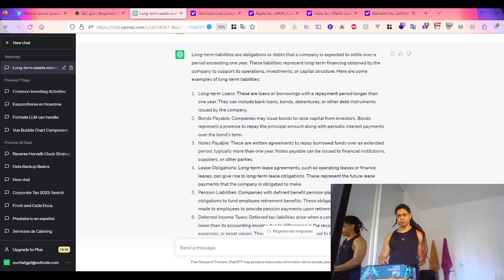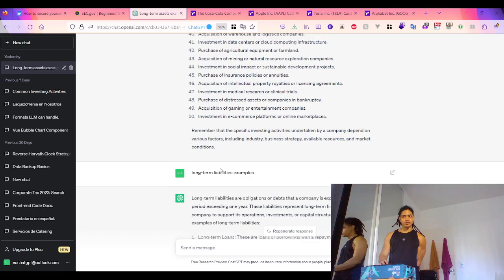Notes payable. In Spanish, this is cuentas o notas a pagar. So notes payable, bonds payable, long-term loans, and lease obligations.